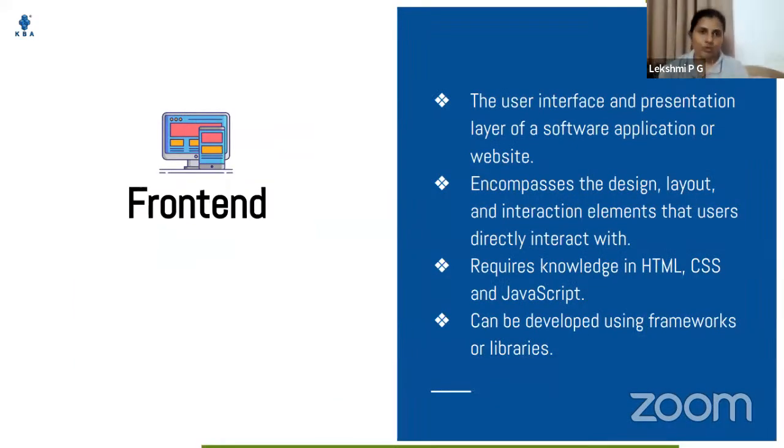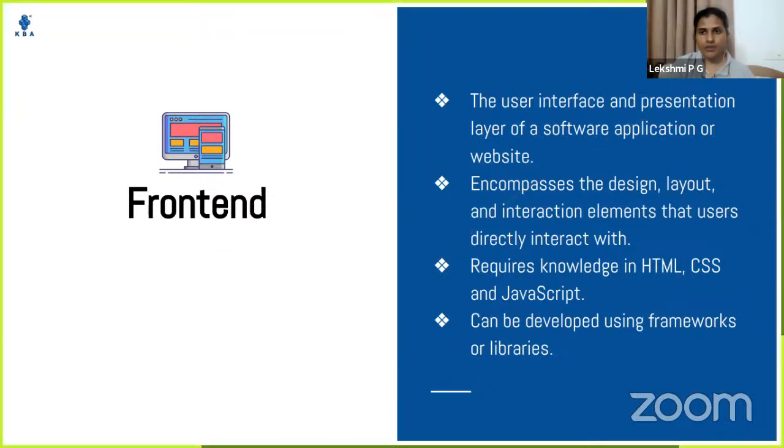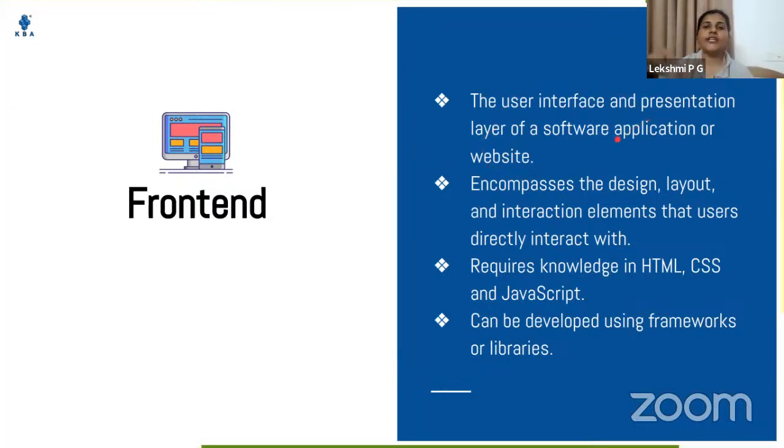So let's concentrate more on this front end part. The front end is the user interface part. The user interacts with the front end, or the browser part of the web application.